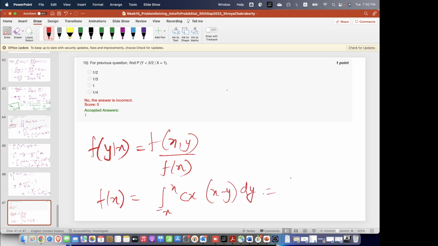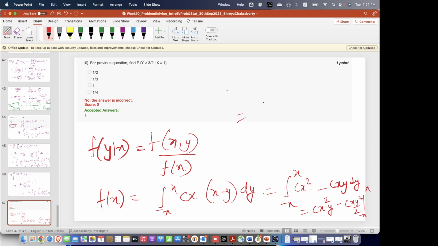This will be how much? Integral from minus x to x of cx square minus cxy dy. This will be cx square y minus cxy square by 2, from minus x to x.